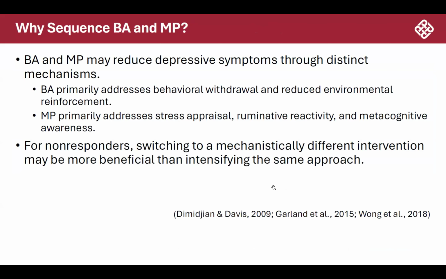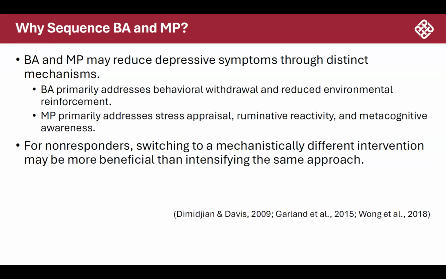However, how should we prescribe these two interventions for the family caregivers, and what should be their sequence? Both interventions in the previous literature show a positive effect on depressive symptoms. So how should we choose the interventions for the family caregivers?